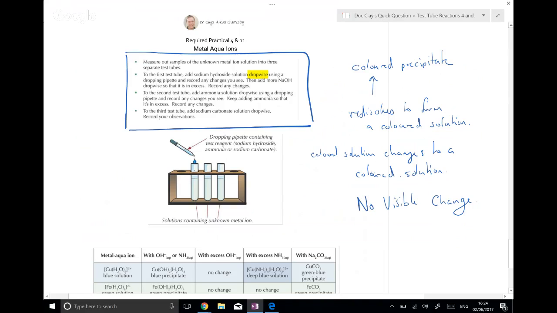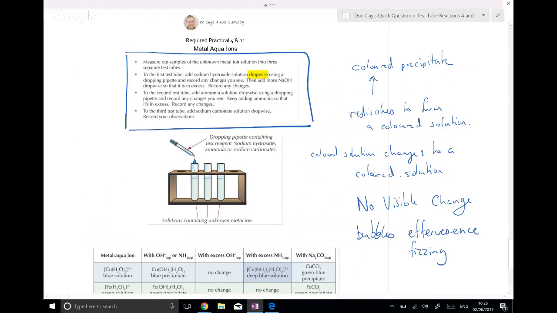And the final description is if we get bubbles forming, and then we might describe this as effervescence. Effervescence means the formation of bubbles, or we might describe it as fizzing.